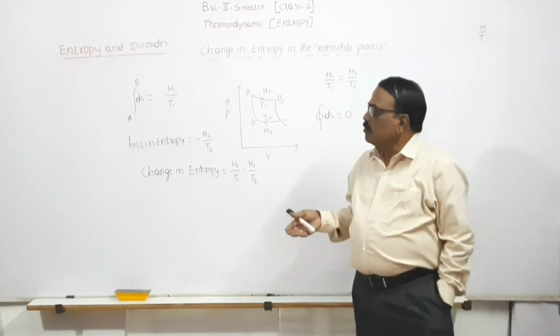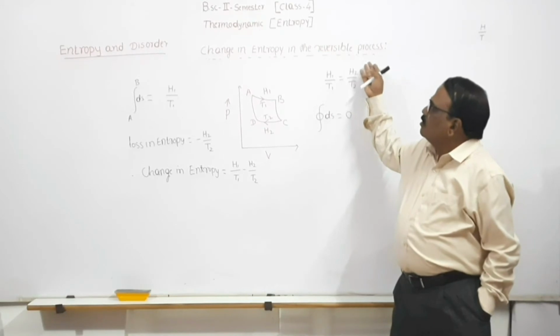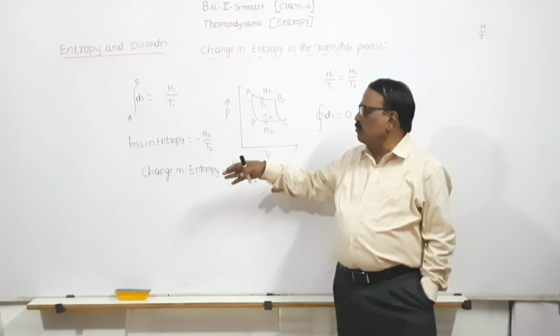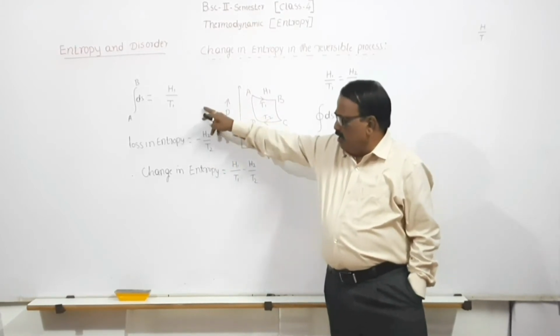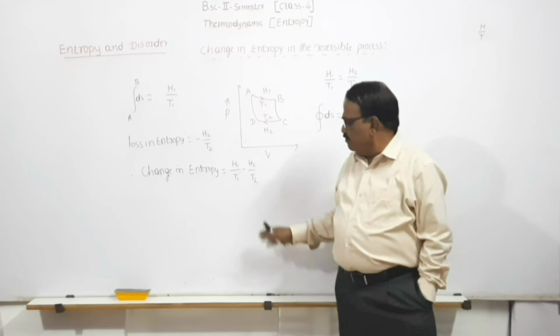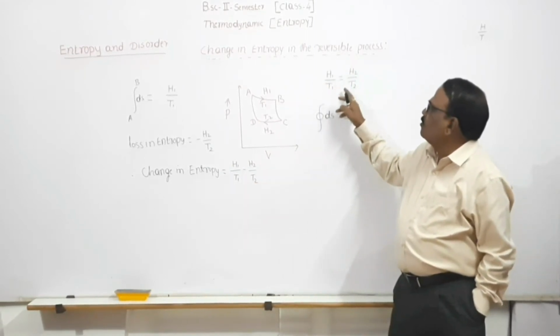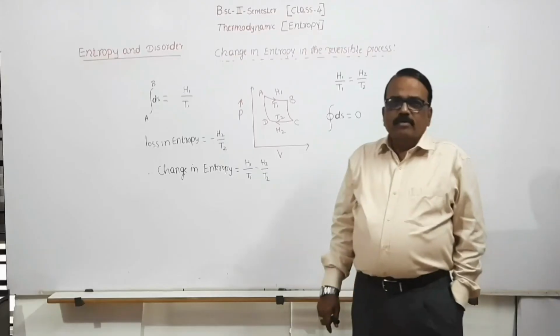So in the examination they will ask, show that in the reversible process the change in entropy is 0. That's just it. H1 upon T1 is gain in entropy, minus H2 upon T2 is loss in entropy. Since according to Carnot reversible cycle, H1 upon T1 is equal to H2 upon T2, therefore this is equal to 0.